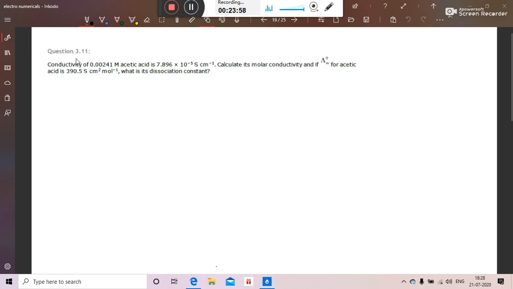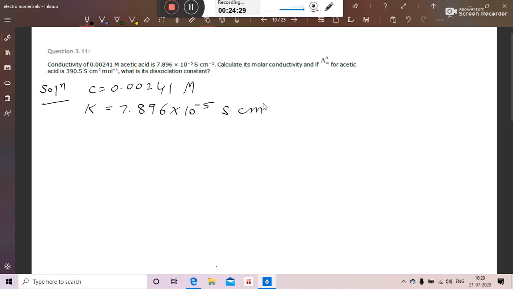Now question number 3.11: the conductivity of 0.00241 molar acetic acid, so C equals 0.00241 molar, is K equals 7.896 into 10 raised to minus 5 Siemens per centimeter.